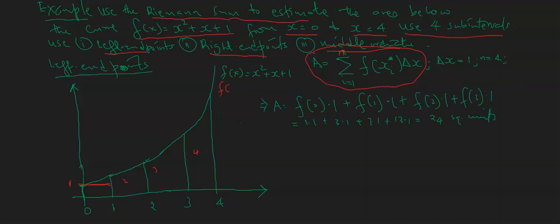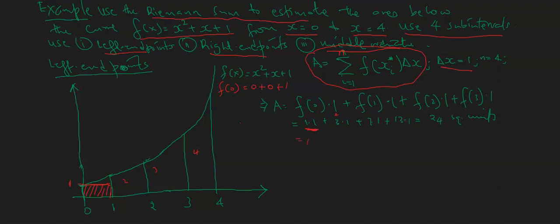If you replace x with 0, you will be left with 1. So the height of this first rectangle is 1, and therefore the area will be the height 1 times the width. Remember, the width is uniform, it is delta x, and it is equal to 1. So the area of the first subinterval will be equal to 1.